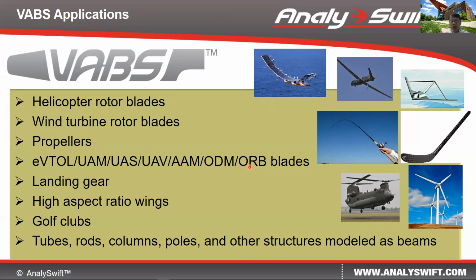These are the typical applications that our customers have tried VABS for. Basically, as long as it's slender, which means the cross-section is much smaller than the length, the span of the beam, then VABS can help you if you want to model it as a beam for quick design analysis.